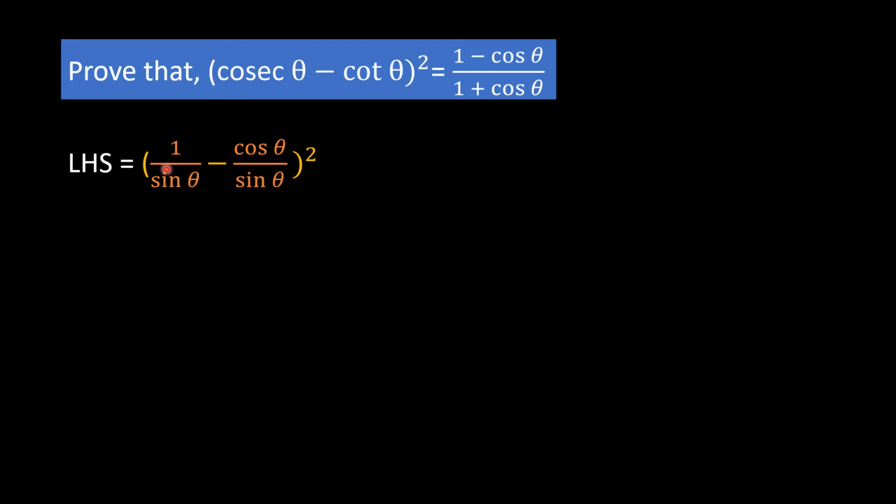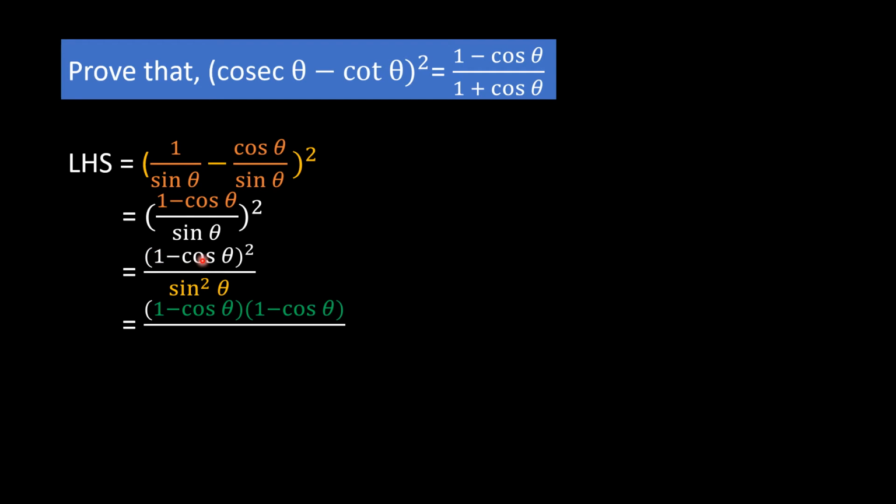Now we will solve the bracket first. Here the denominator is the same, so we will directly subtract the numerator and write (1 minus cos theta) divided by sin theta, whole squared. We write (1 minus cos theta) whole squared divided by sin square theta.